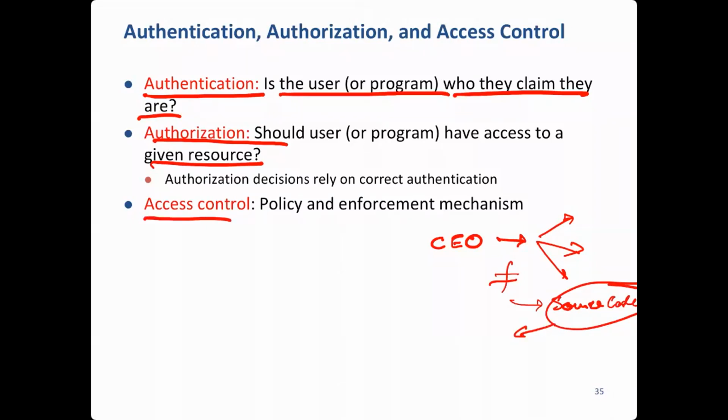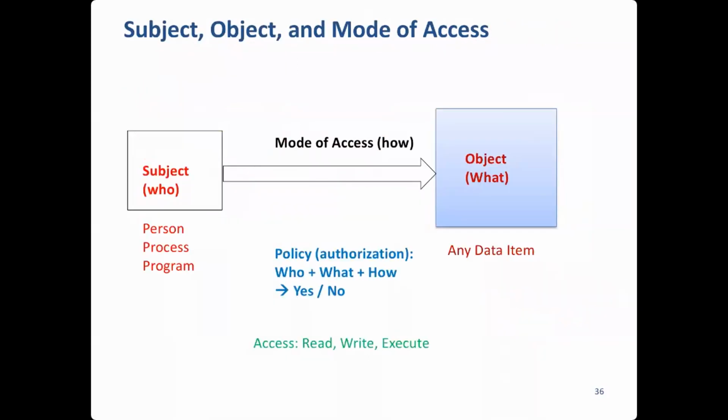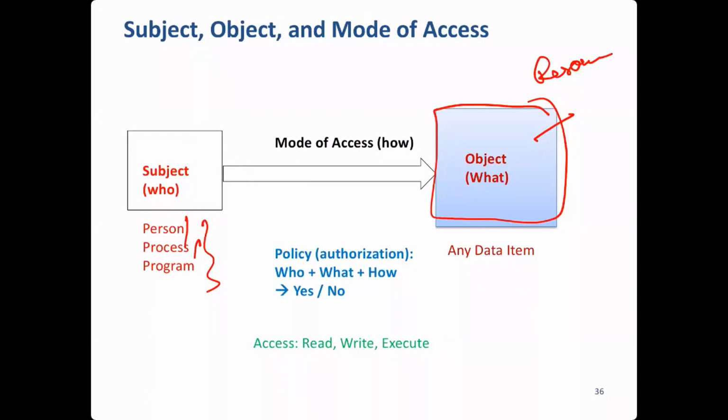Access control says that policy and enforcement procedure. How do we achieve this? So there is a subject, a person, process, or program, and there's an object, some resource. Then there are policies that say who can access this, and access could be read, write, or execute, and so on, right?